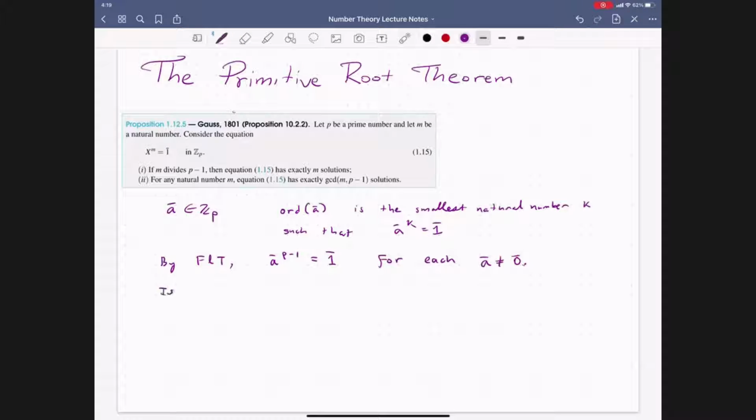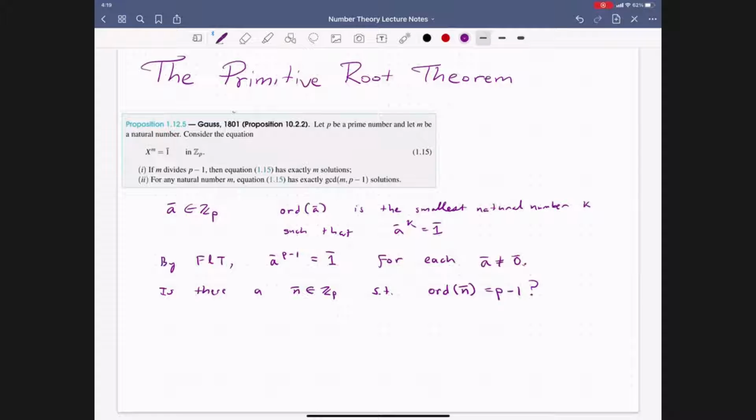Is there a congruence class in the integers modulo p such that the order of n bar is exactly p minus 1?